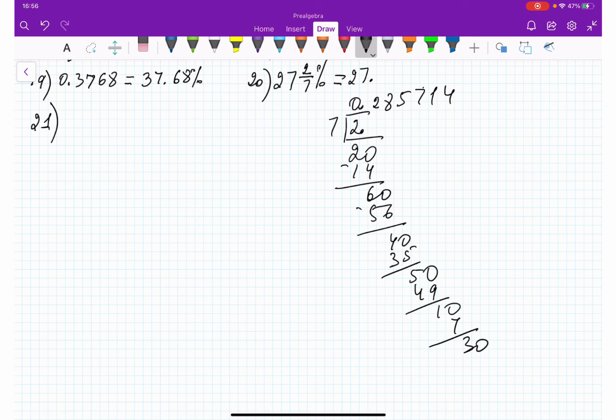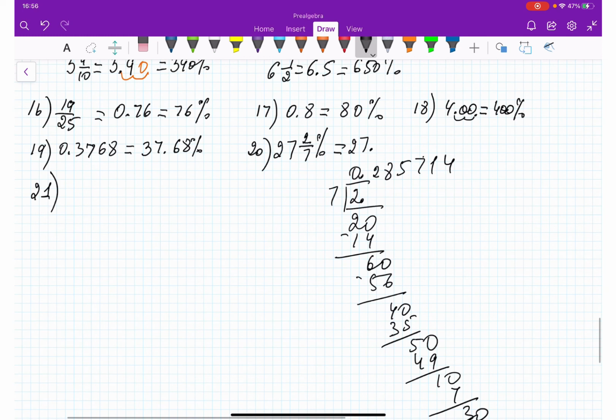Keep in mind, if a division goes on with unlimited length, then usually take 6 digits after the decimal point. So here it's going to be 27.285714. Okay?